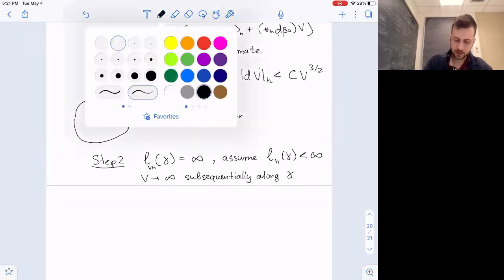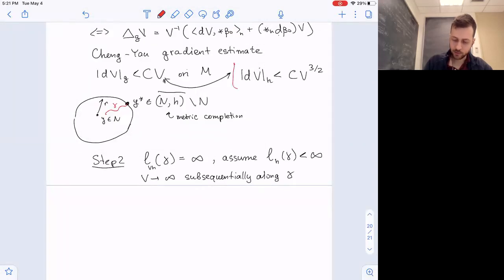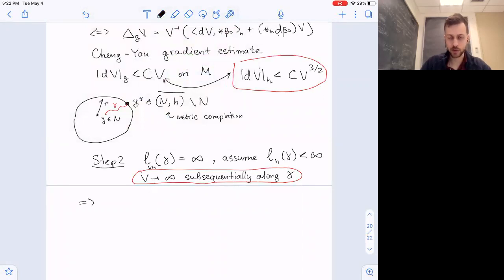So the fact that the gradient of V is bounded, yet it goes subsequentially to infinity along this curve, together imply that V has a controlled blow up along this curve. Specifically, V of x has to be at least some constant divided by the length squared with respect to H of gamma starting at point x.